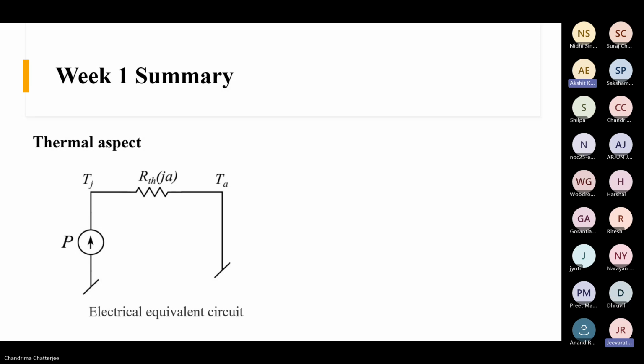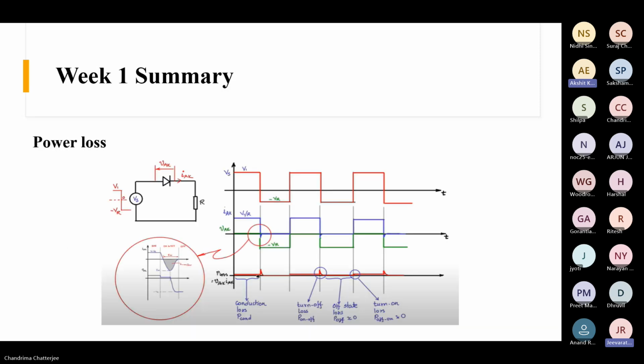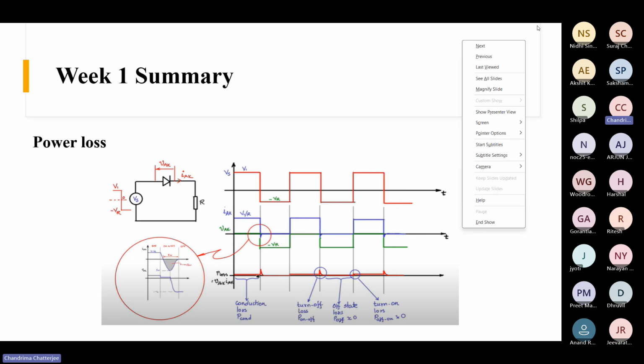So, madam, it means that loss occurs in both the scenarios, on situation also and off situation also. Right. So if you see any semiconductor device, during both the transitions from turn on to turn off and vice versa, some loss occurs. But for a diode, from turn off to turn on, this loss is very negligible.